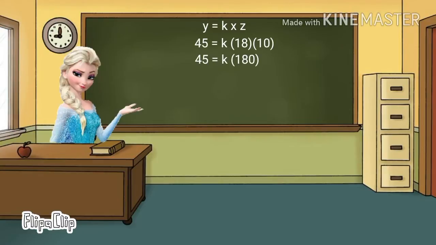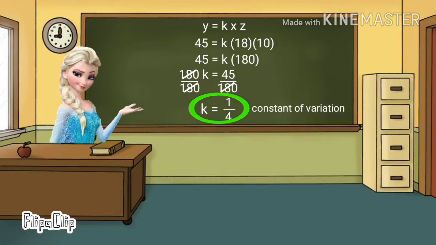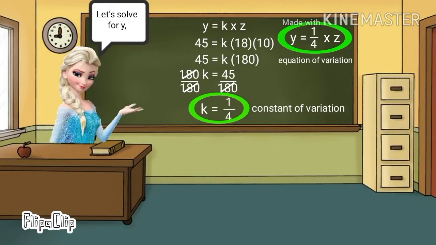After getting the product, we will interchange them and it would be like this. Then divide both sides by 180. Then we will get the constant of variation, which is k = 1/4, and the equation of variation, which is y = 1/4 xz.